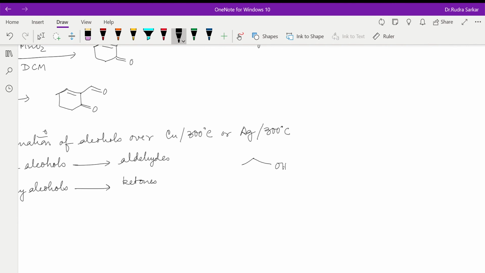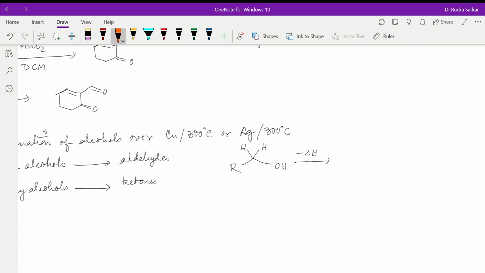So technically this is your primary alcohol, and suppose this is an alkyl, some R. Now once you are dehydrogenating, that means you are removing two H atoms. So I'm just marking the H atoms that you are removing.